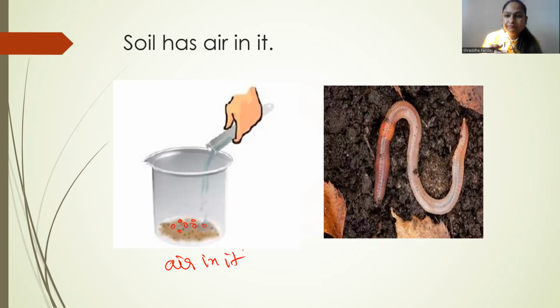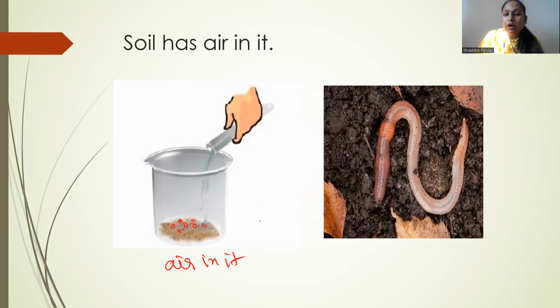When we pour the water, the bubbles come out. What does it indicate? The spaces that were filled by air were occupied by the water, so the air escaped.